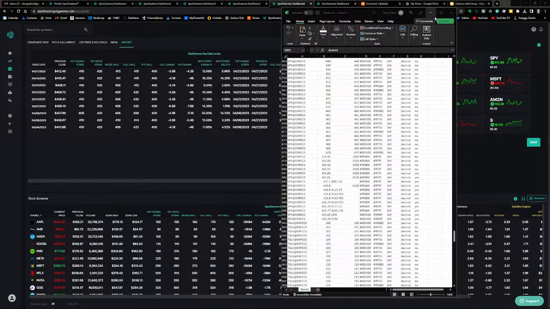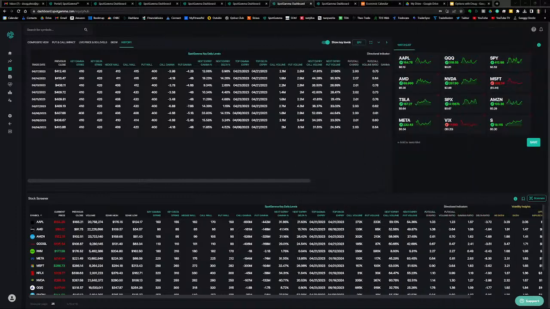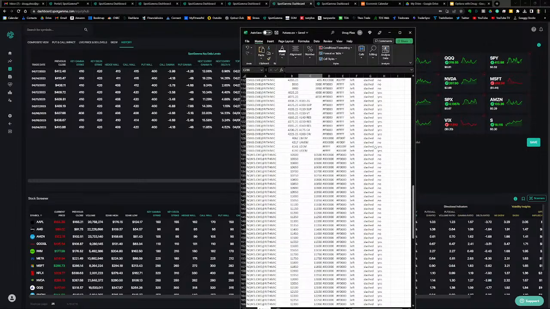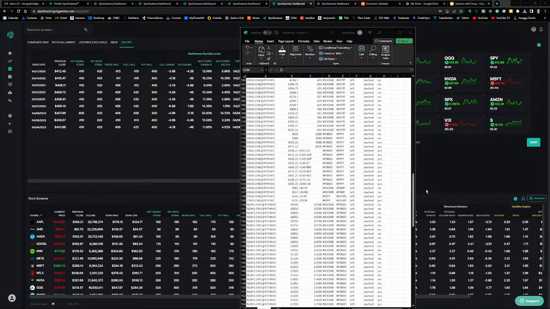And then for futures, I have just the same SPX levels.